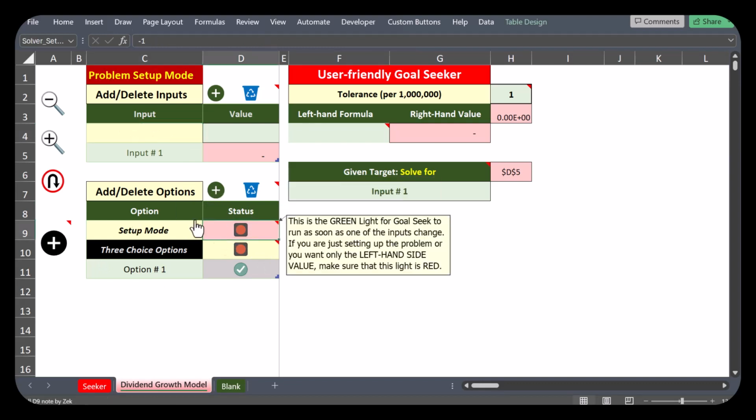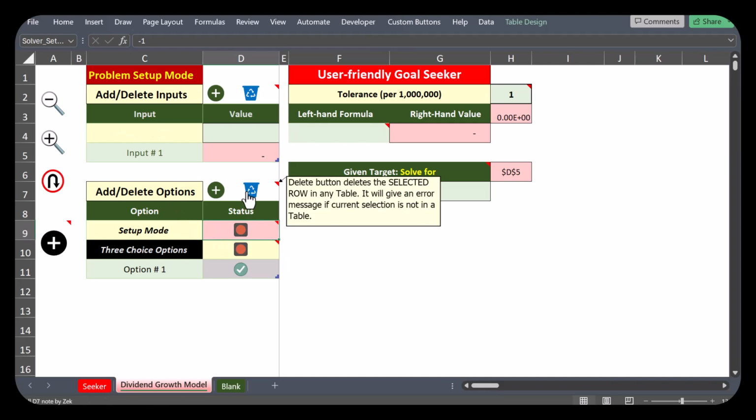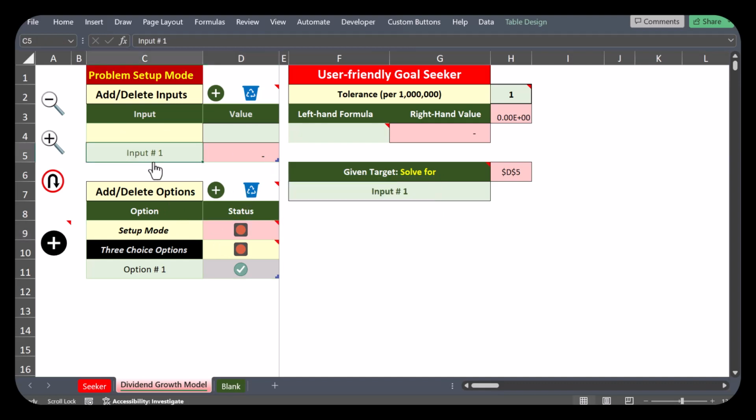Let's think about the inputs. I'm gonna have obviously discount rates. Let's put arbitrary numbers.